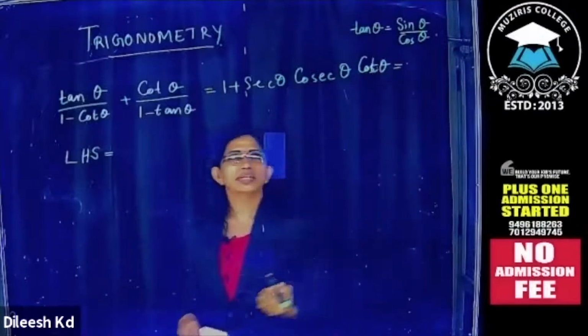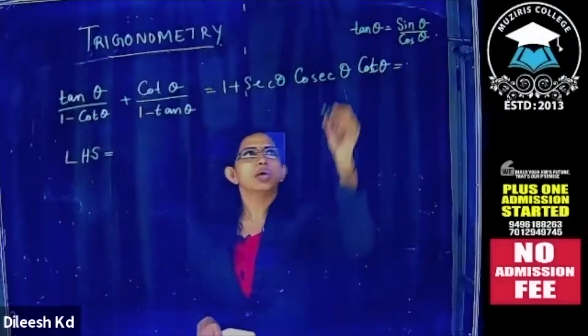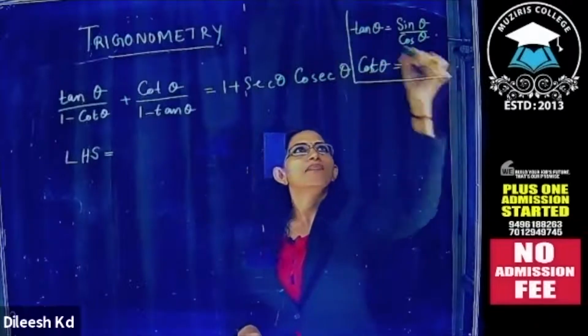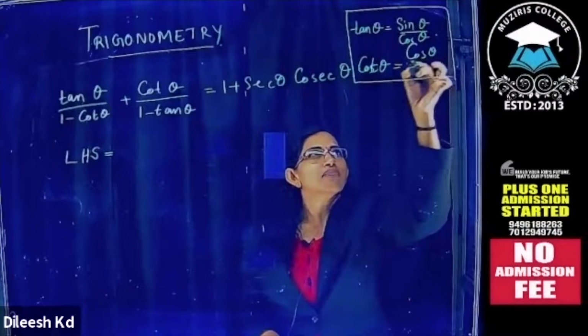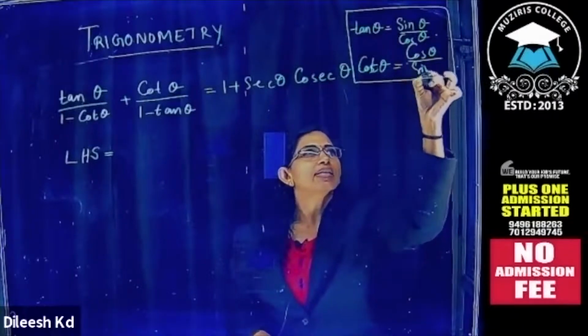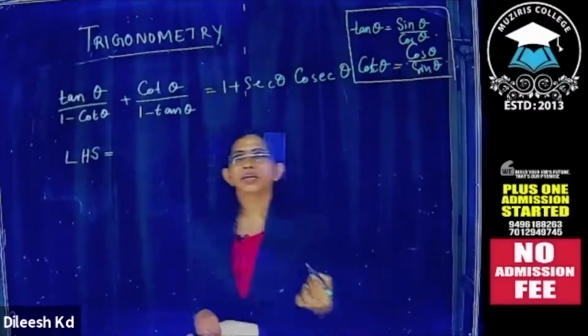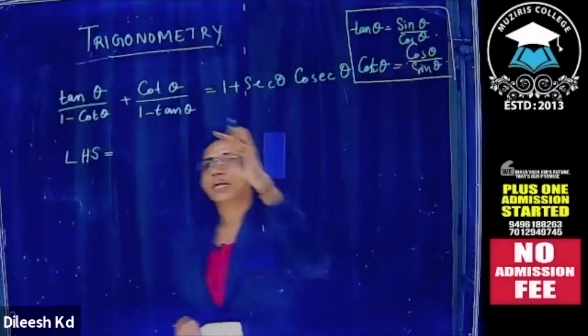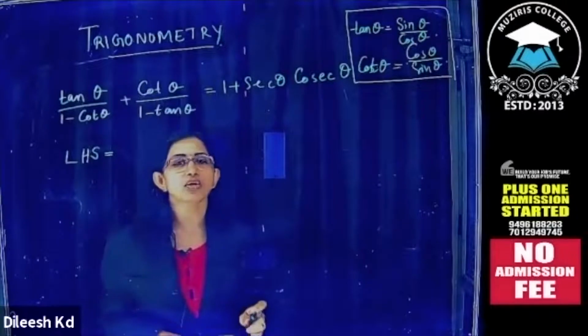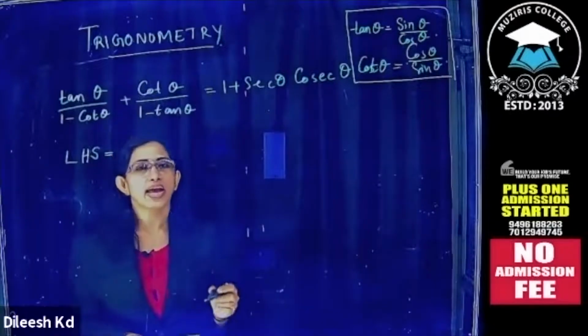What about cot theta? How can you write cot theta? Cos theta divided by sin theta. So we can apply these equations in place of tan theta and cot theta in the left hand side.